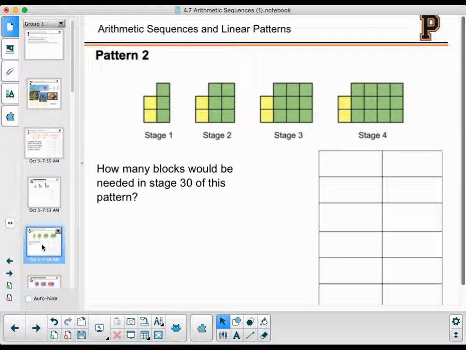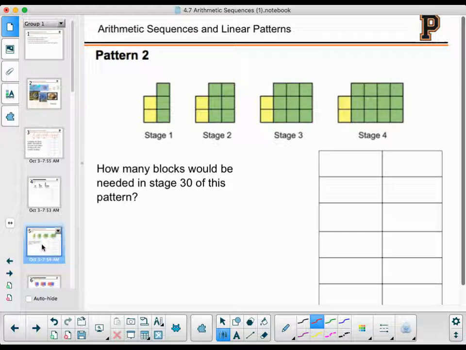You're probably understanding this or can understand how to do this even easier than you think. But how many of those blocks would you need to complete stage 30? We've got stage 1, 2, 3, and 4. How many blocks would be needed for stage 30? Now I'm going to start with the solution here. So if you haven't paused the video to try this out on your own, please do so now.